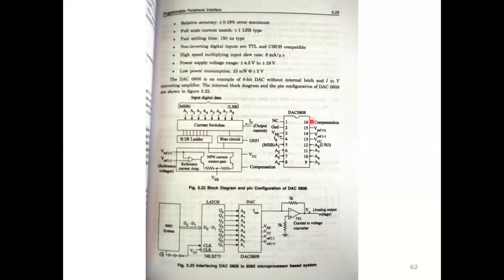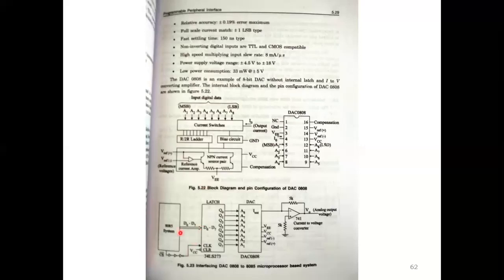This is the IC for the DAC 0808 in a 16-pin package with the power supply inputs. There are switches for the inputs: if I give 8 bits, it will produce some output voltage with the reference voltage. This is the concept.